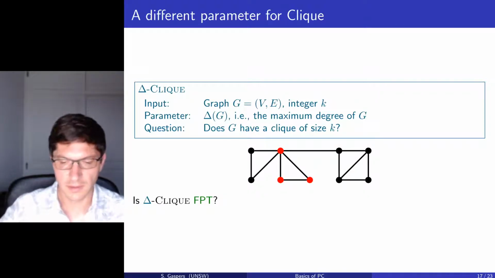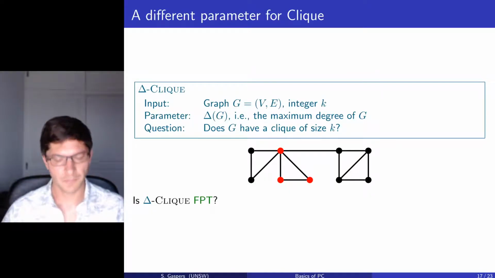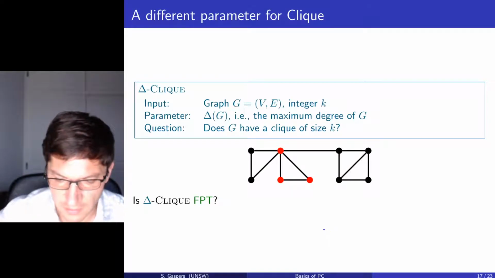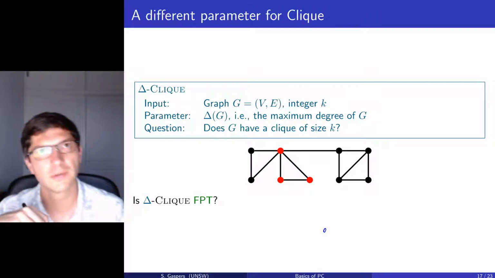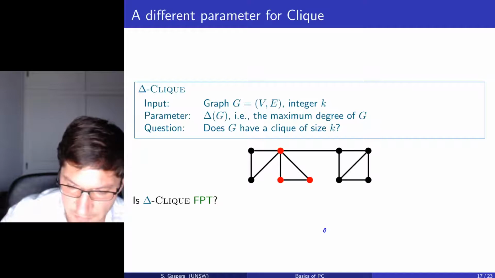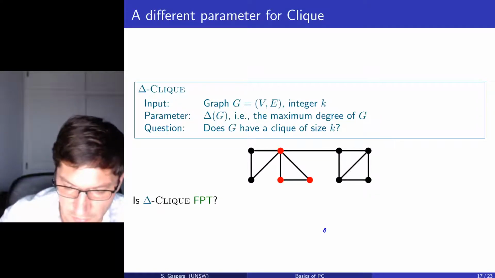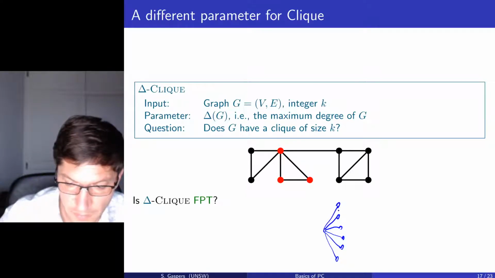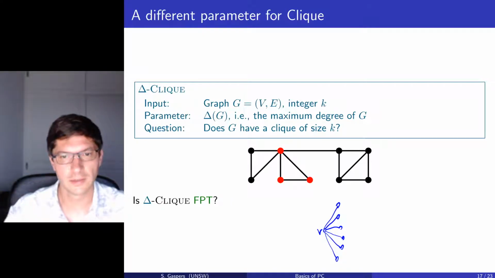Let's reason a little bit. The largest degree in the graph is bounded by the parameter. This means that any given vertex cannot have very large degree. But what does our solution look like? Let's hook it onto one vertex. Say we have one vertex V that we assume is in the solution, in the clique that we want to find.